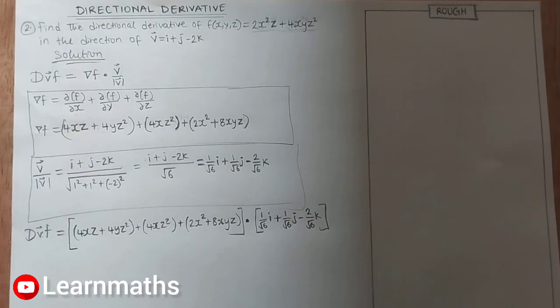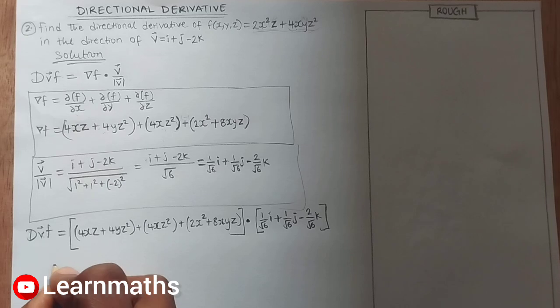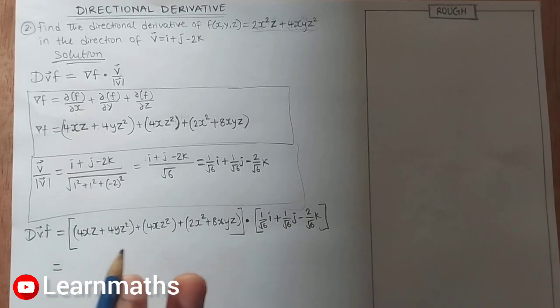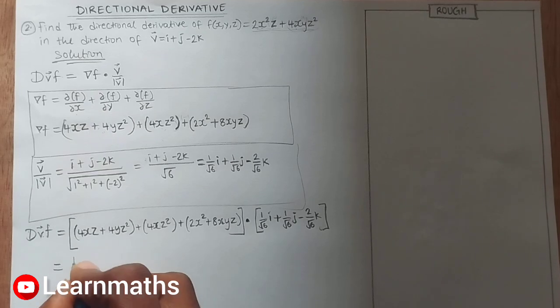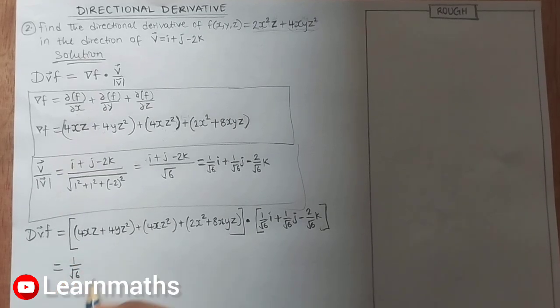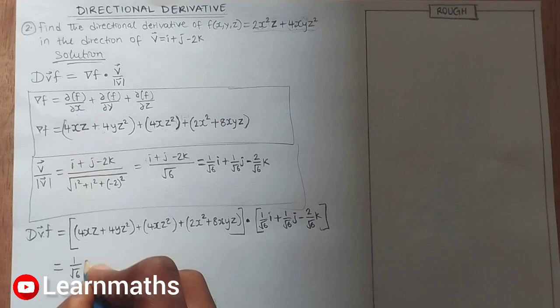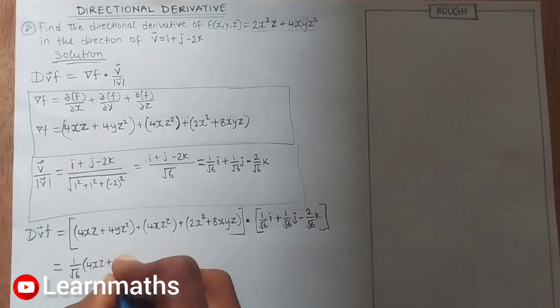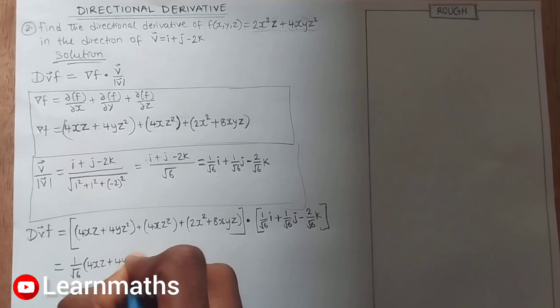So what's the directional derivative going to be? I'm going to multiply this with this, this with this, and this with this. Understandable now, right? So 1 over square root of 6 is going to be multiplying 4xz plus 4yz squared.